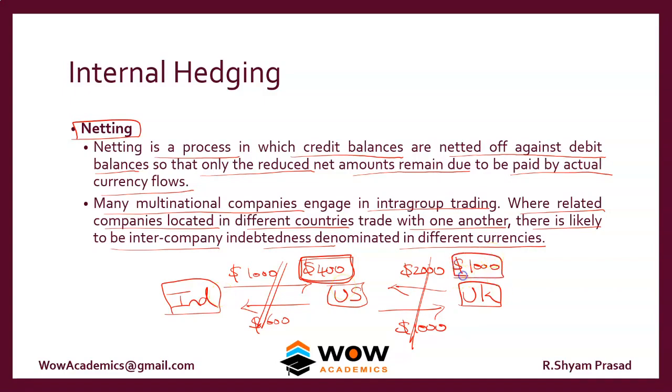So the company has to hedge for a total position of $1400 because it is getting a net income of dollars from India as 400 and then again a net dollar of 1000 from the UK. So the total external hedging required would be for the $1400. So that's about netting.